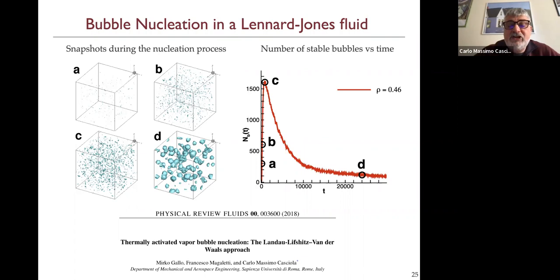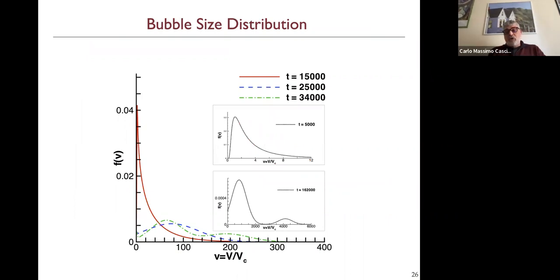Now, if we focus on the initial stage, from the linear trend of the number of bubbles with time, we can extract the nucleation rate. So we have a way to measure the nucleation rate in the bulk system, depending on the thermodynamic conditions.